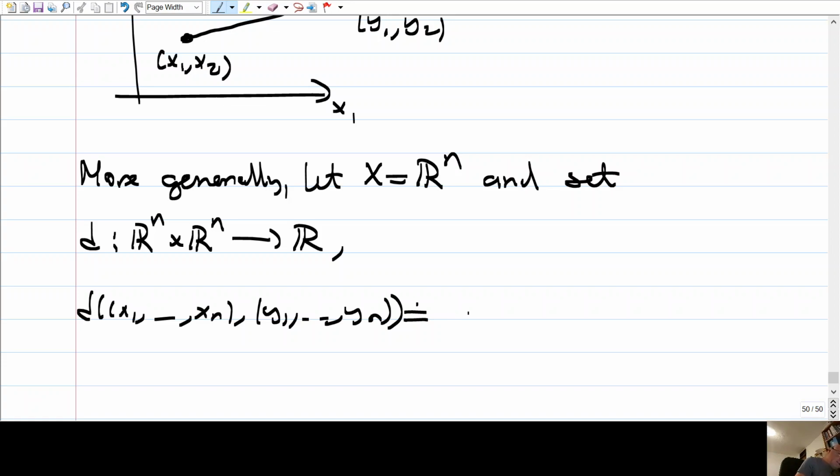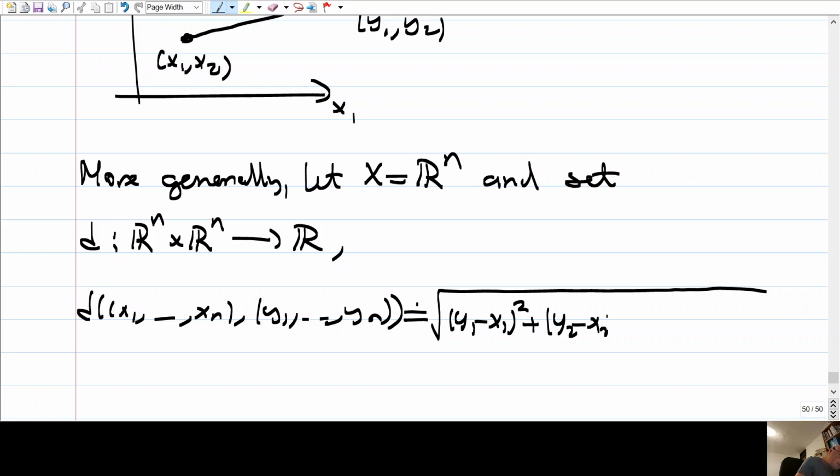So it is just the square root of the difference of the first coordinates. So y1 minus x1 squared, and then y2 minus x2 squared, and yn minus xn squared. Okay, square root of this expression.